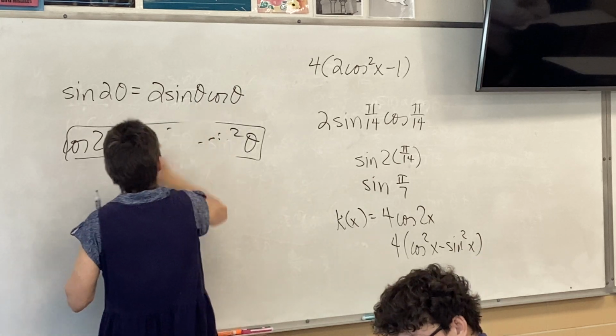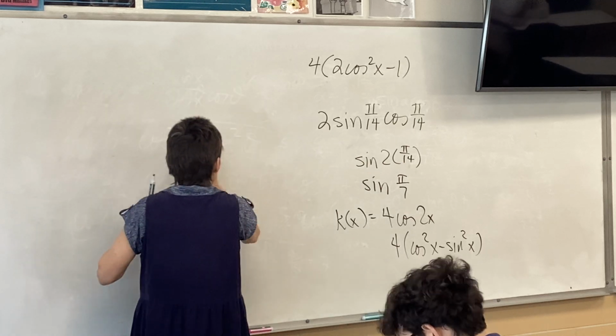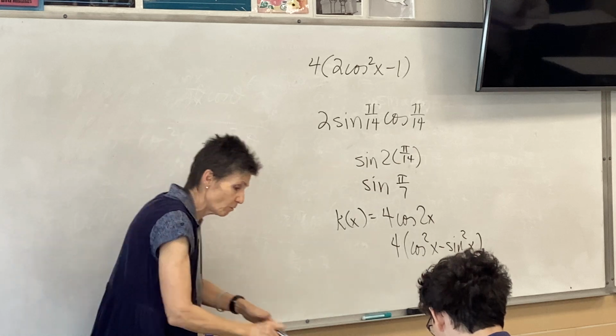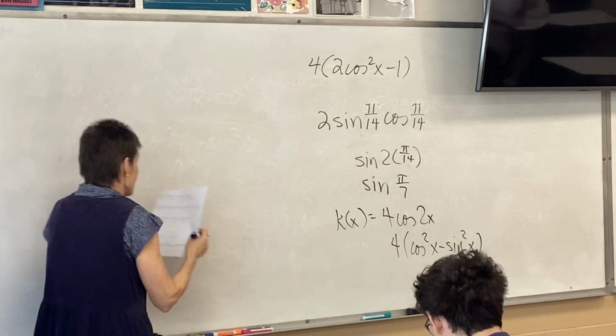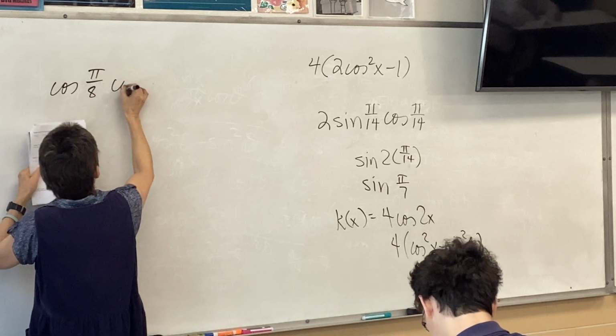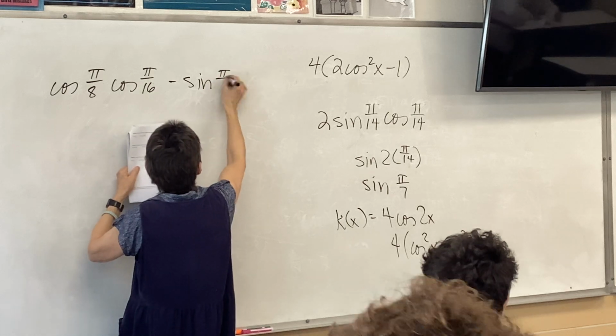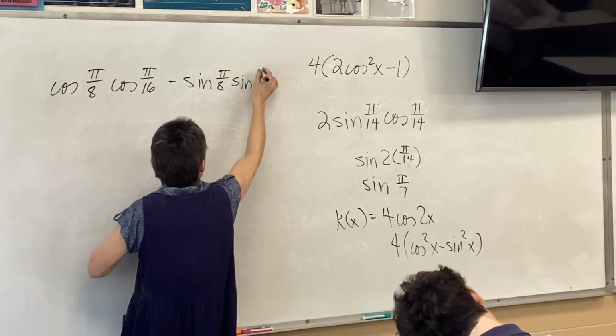Alright, let's look at the next problem. Try to stay open-minded and not be overwhelmed. Alright, cosine pi over 8, cosine pi over 16, minus sine pi over 8, sine pi over 16.